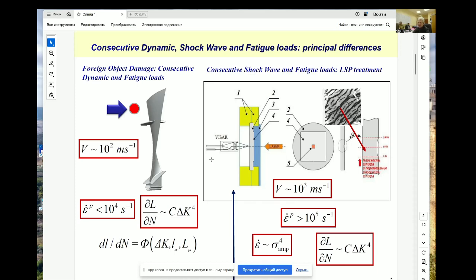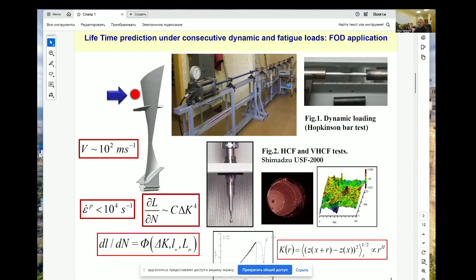And since in this case we have a shock wave with very specific rules, well known as the Swegle-Grady rules with this fourth-power law, I would like to attract your attention concerning strategy.